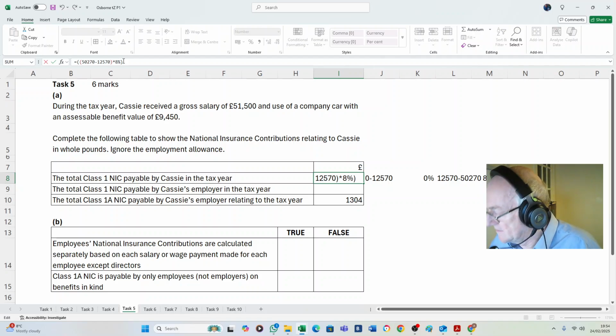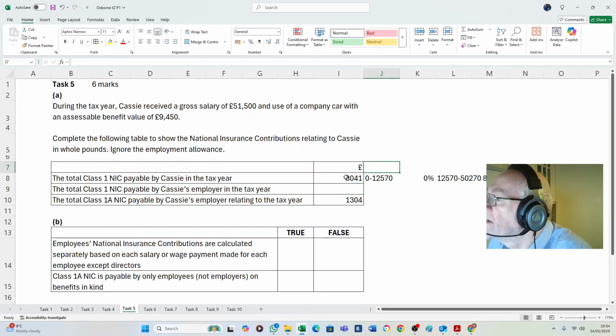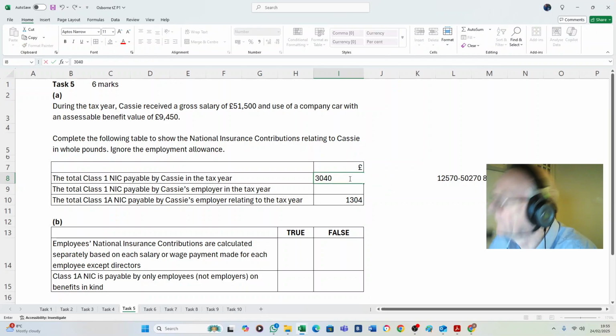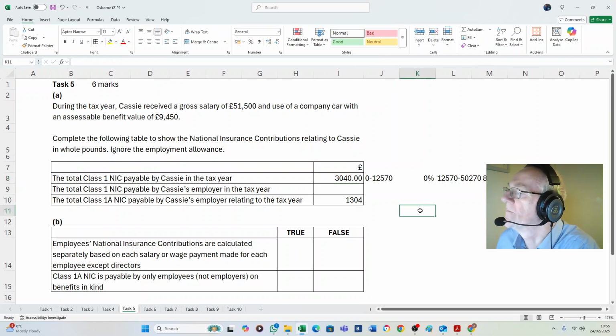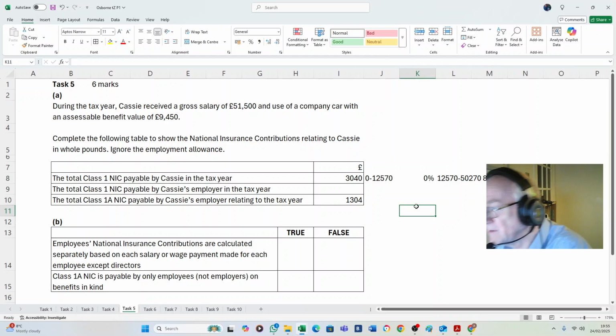In brackets plus, I'll put brackets to be safe, 3040, or let's have a look at the rounding issues. Okay, so it really should round down. And then get rid of those decimal places. So we haven't used the formula, but we just use the formula to calculate it.